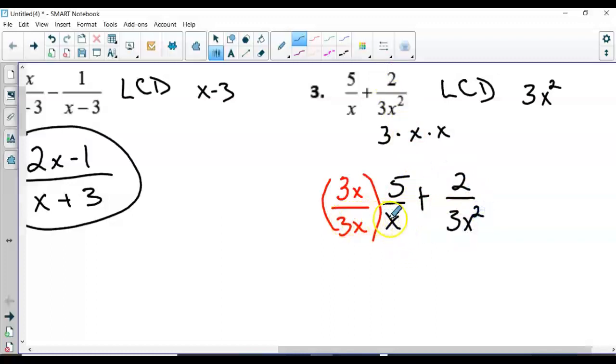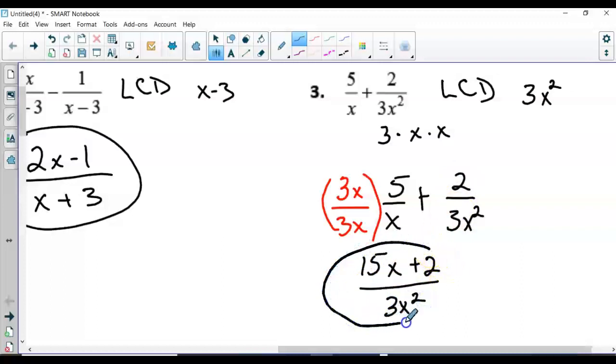So if I multiply this together, 3 times x, I get 3x squared. 5 times 3 makes it 15x plus the 2, which I already have, all over the LCD of 3x squared. And I can't factor out anything, can't simplify anything, so that is our final answer for that one.